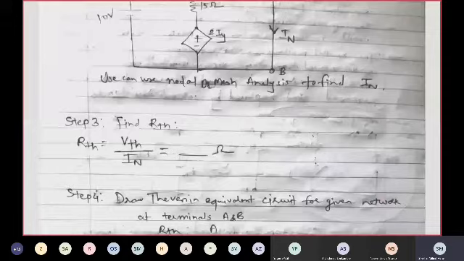And in Norton's theorem, we make points A and B short circuit, find the ISC, or IN, and then find RN, the Norton's equivalent resistance, which is the same as RTH, by replacing all the sources by their internal resistances. So this is the difference.